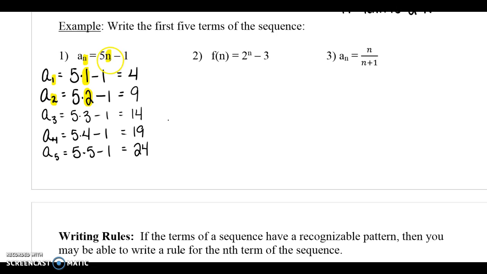Does this kind of look like y equals mx plus b? So 5 is kind of like the slope, so it makes sense that we're adding 5 to get each term. Now once we have those 5 terms, we need to write it as a sequence. So 4, 9, 14, and so on, dot, dot, dot.